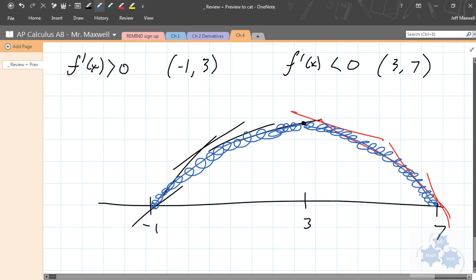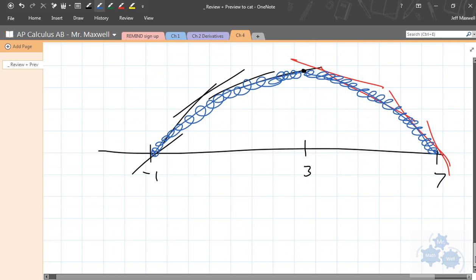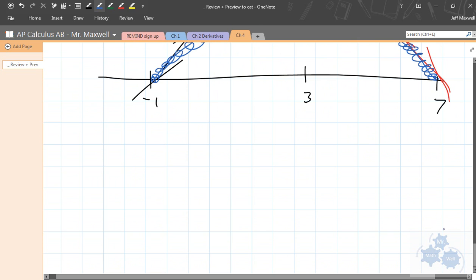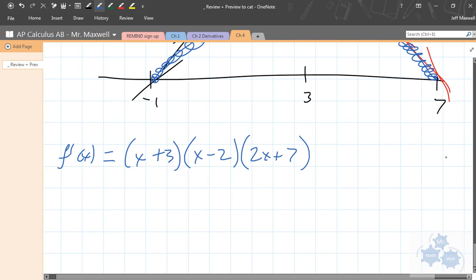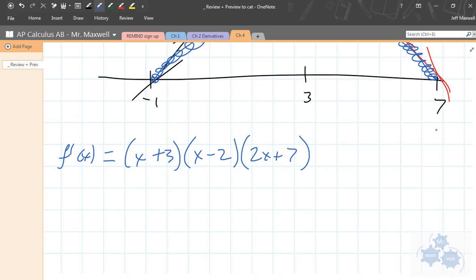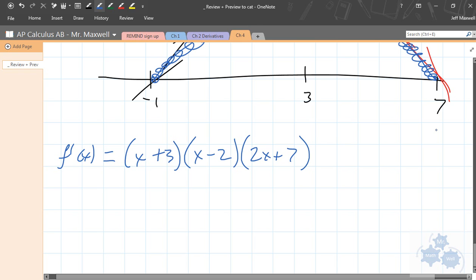All right? Or if you're given something like this, f prime of x is defined as x plus 3 times x minus 2 times 2x plus 7. If you're given this, and you're asked to state the intervals of increase and decrease of the function f of x, you could actually do that by figuring out where the derivative is negative and positive, right?